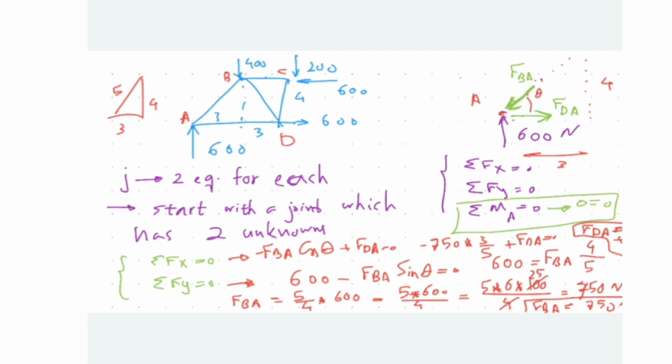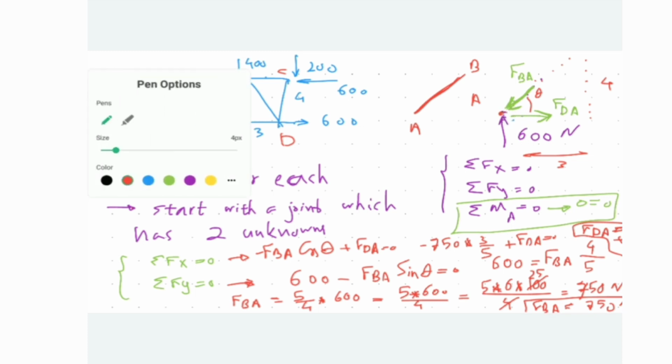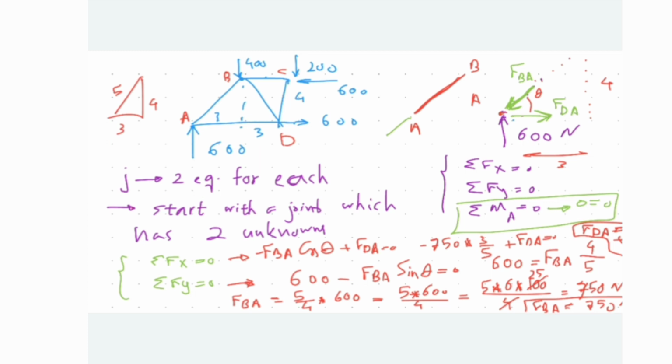If you consider the links, for example, this is link AB. This is the force which is applied by this link to pin A. Again, this is the force which is applied by the link of AB to the pin of A. We know the reaction of that is applied on A.